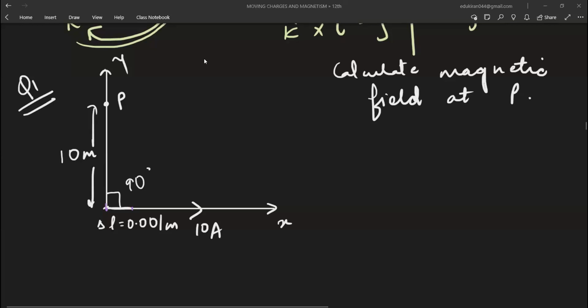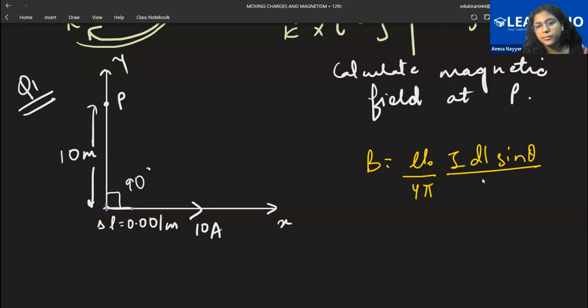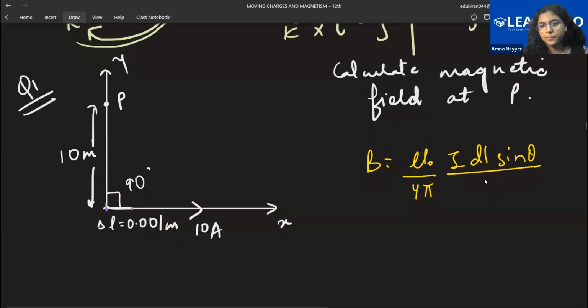Yes, class, did you try this? I have given sufficient time. See, look here, class. This is an important question and a very easy question. What's our formula? We know that magnetic field is mu naught by 4 pi, I dl sine theta by r square.